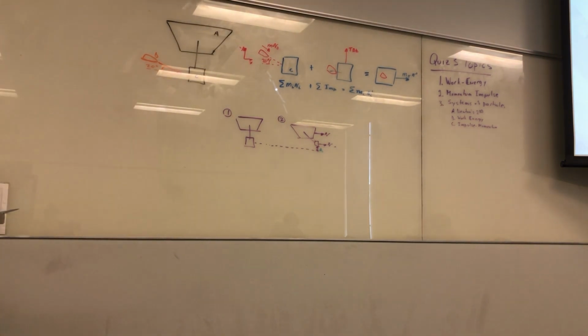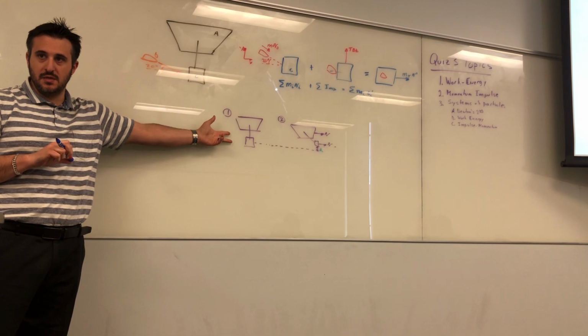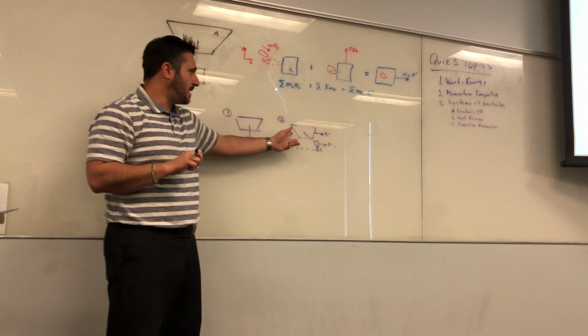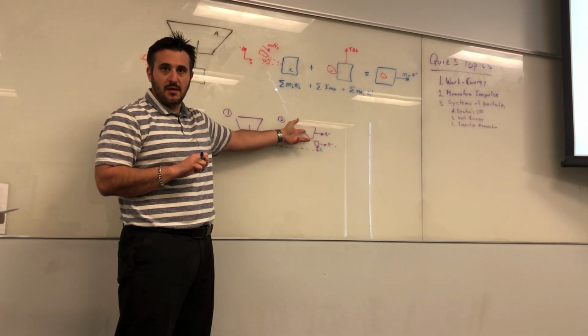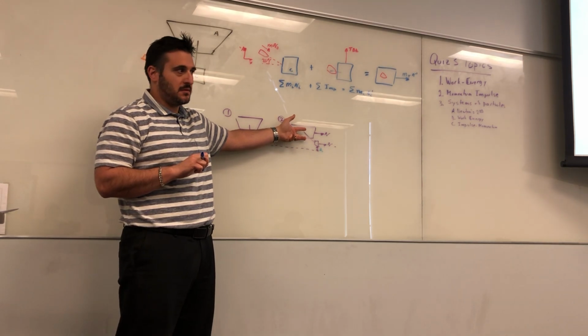Now at the end we only have one particle that we're dealing with. But this is our way of figuring out what V prime is, and then we're going to take that into our energy, because we know at this state both of these have to have the same velocity.